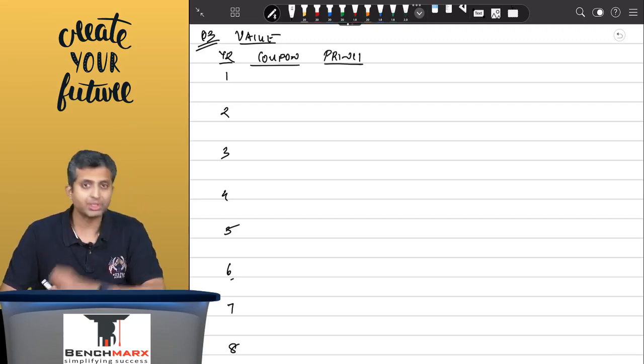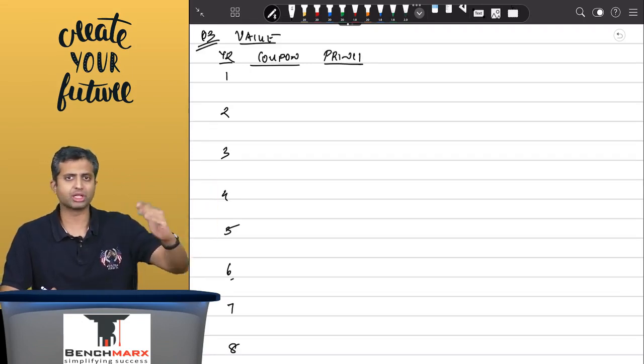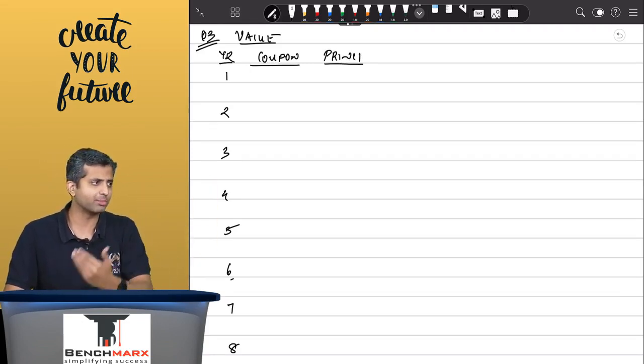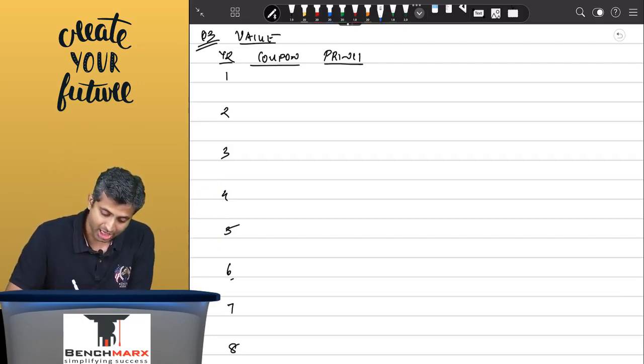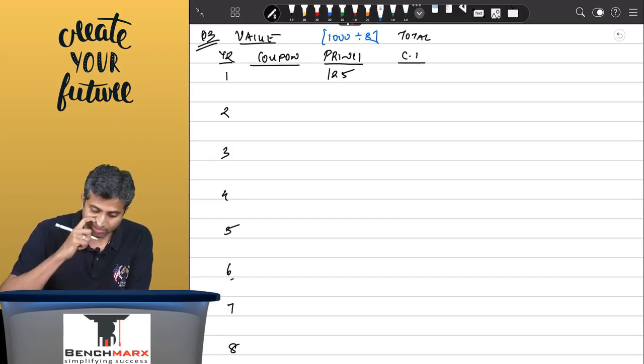Last time the principal payment was made one shot at the end. So if nothing is given, we assume that the bond is a bullet bond where the payment is made at the end. However, here it is specifically given that the bond will be amortized equally, and hence this is 1000 divided by 8, and hence 125 will be paid each year, and hence your total cash inflow from this bond will not just be the coupon.